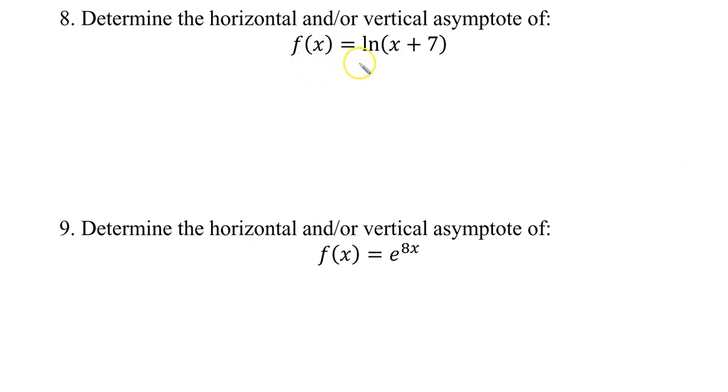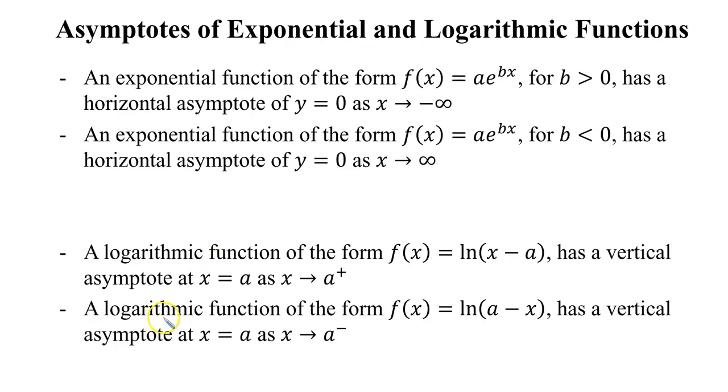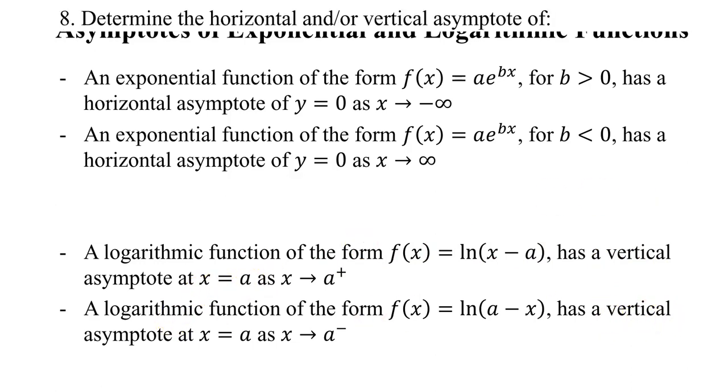So if I wanted to find the horizontal or vertical asymptote, let's think about this for just a second. What did I just get through telling you about natural log functions? We'll go back, so you can pause and go back, or I'm going to refer back here. Logarithmic functions, our natural logarithmic functions, have vertical asymptotes in the form of x is equal to. So here we go.